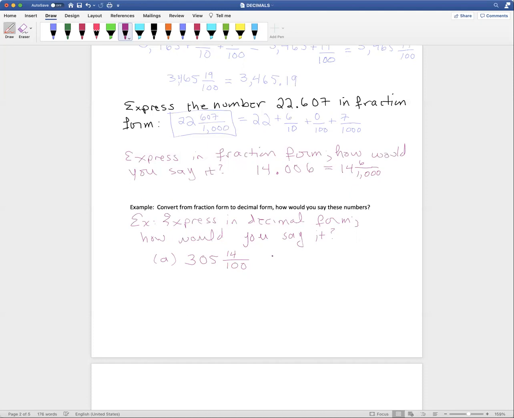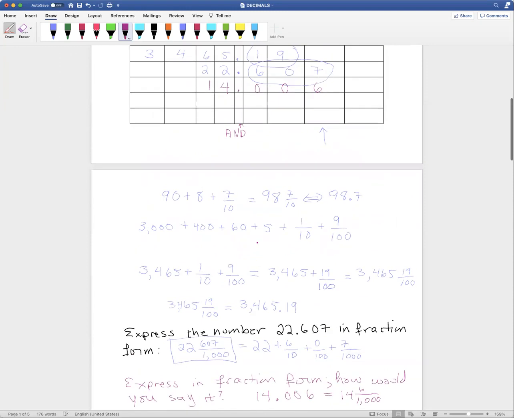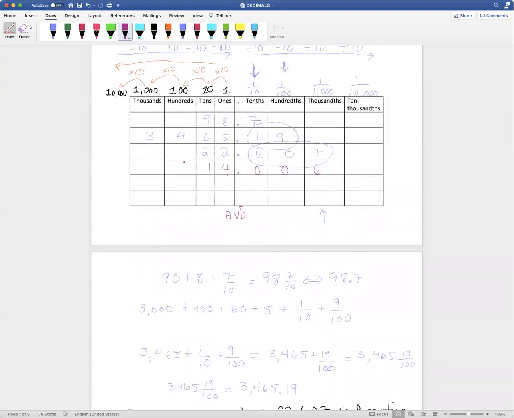Well, okay. If we wanted to express this in decimal form, 305 and 14 hundredths, that means I'm going to head back up here to the chart. 305 would go over here. And because the decimal is coming next, now 14 hundredths means we have to make sure that the 4 ends on the hundredths.